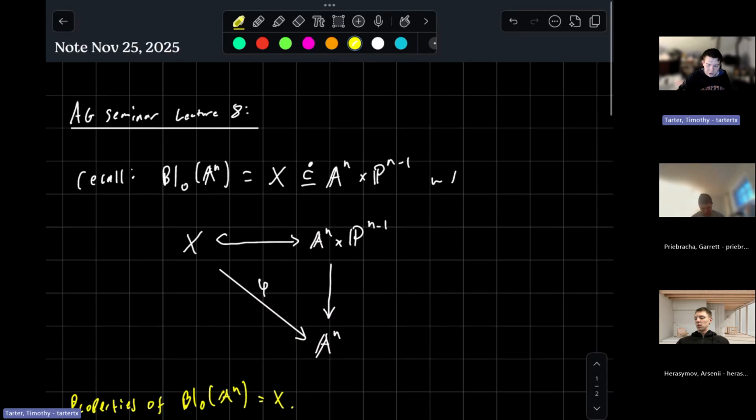It's a notation thing. This means injective morphism.